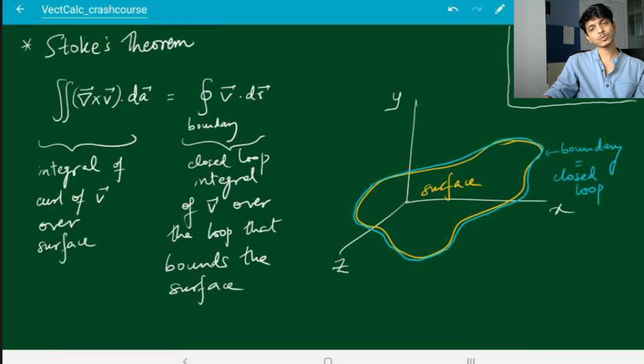So Stokes' theorem relates what's happening inside on a surface with what is happening on its boundary, on the loop that surrounds it.